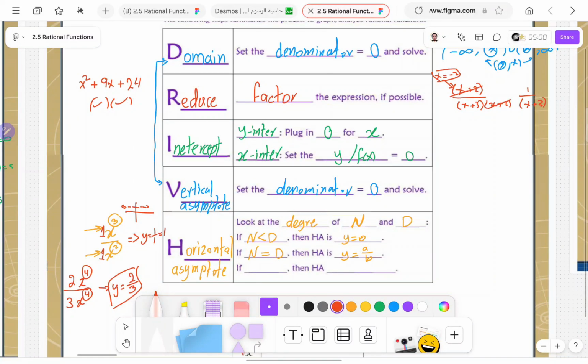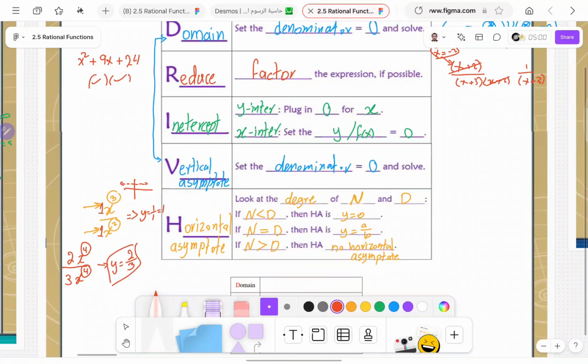Now the last one: when the numerator degree is greater than the denominator degree, then there is no horizontal asymptote. But there is a small situation that you need to memorize. We know that when the numerator is greater than the denominator there is no horizontal asymptote, but keep it in your mind.